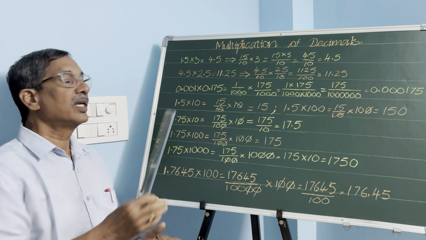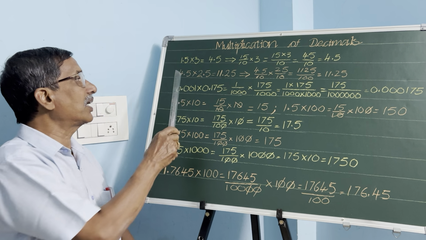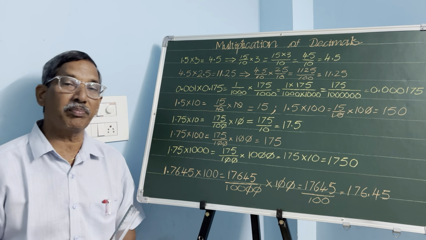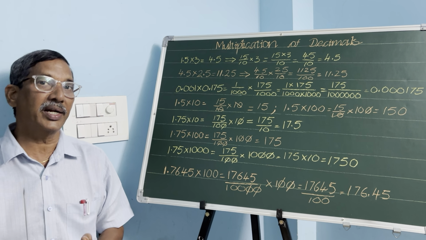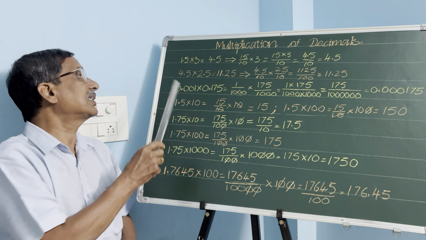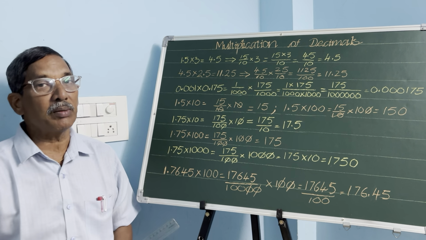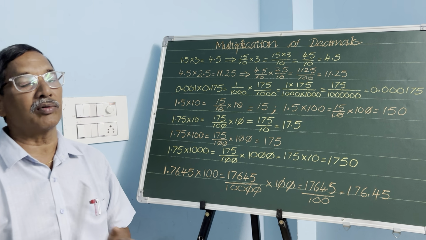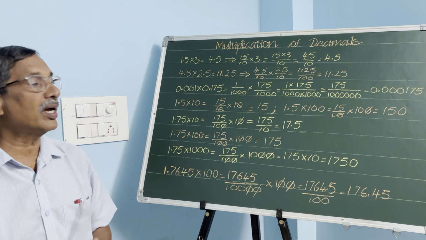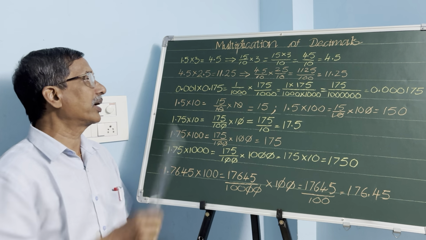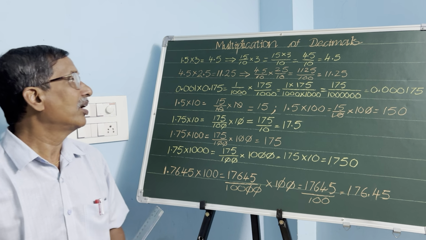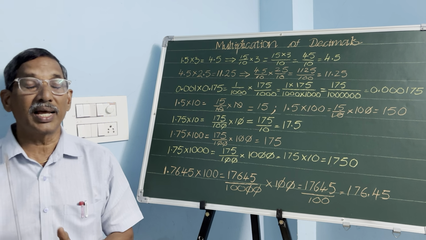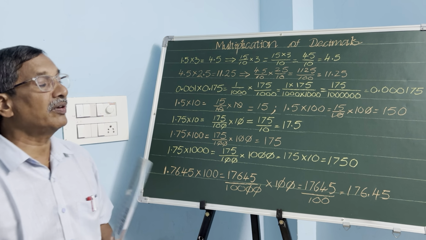If we ignore the decimals, 45 multiplied by 25 gives 1125. Since there are two decimal points, we should have two decimal points in the product. So 4.5 multiplied by 2.5, we get the product 11.25.